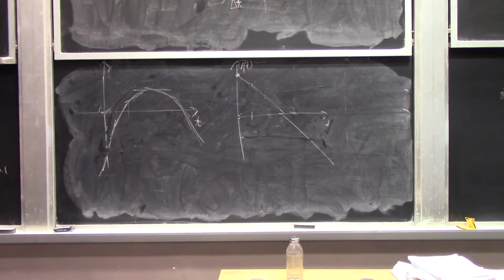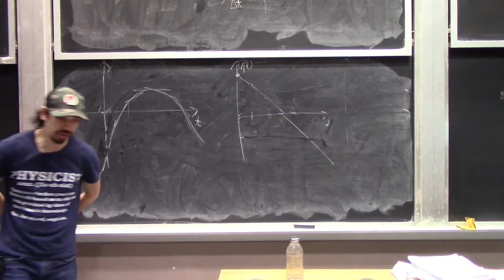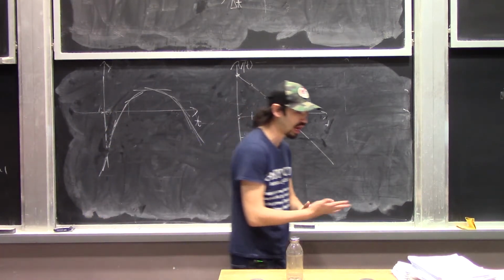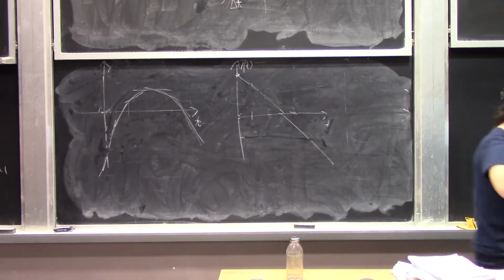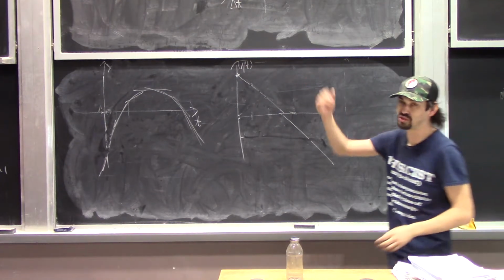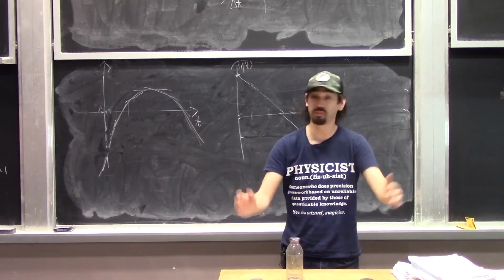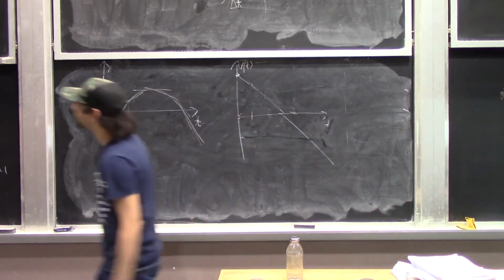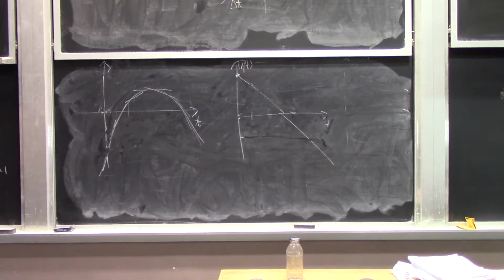This question asks, what is the velocity at time t equal to 1 second? When we're looking at the position versus time plot, how do I extract the velocity? What's the meaning of the velocity on the position versus time plot? It's the slope. So the question is, what is the slope at the point t equal to 1 second?